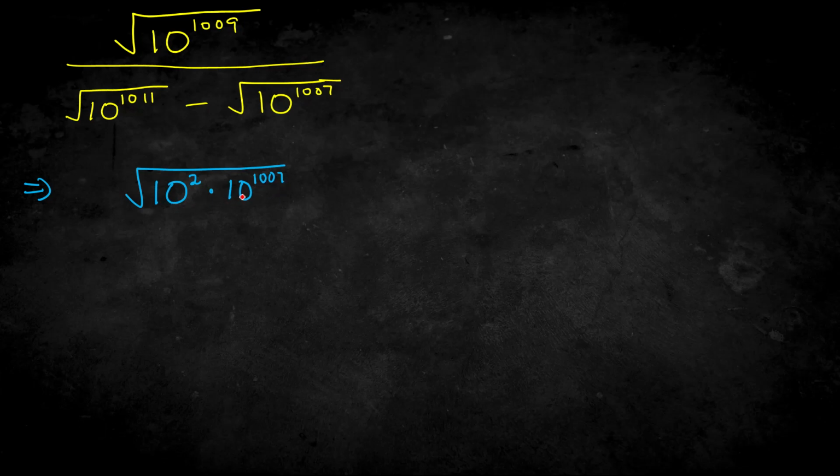Now if I perform this here, this side will be 10 raised to 1009 because a raised to m times a raised to n is the same as a raised to m plus n.